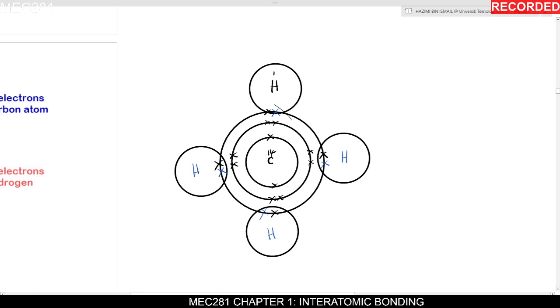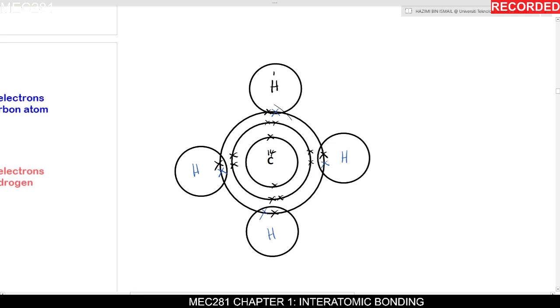Now we have the stable electron configuration in all elements. For the carbon, it has 8, and for each hydrogen, it has 2. How does it get the stable form? It gets it by sharing the electrons between them.